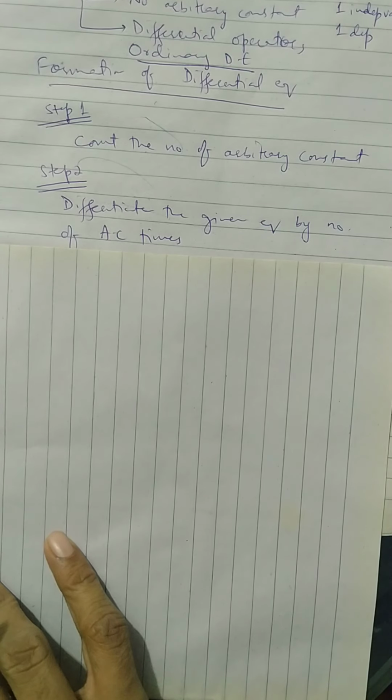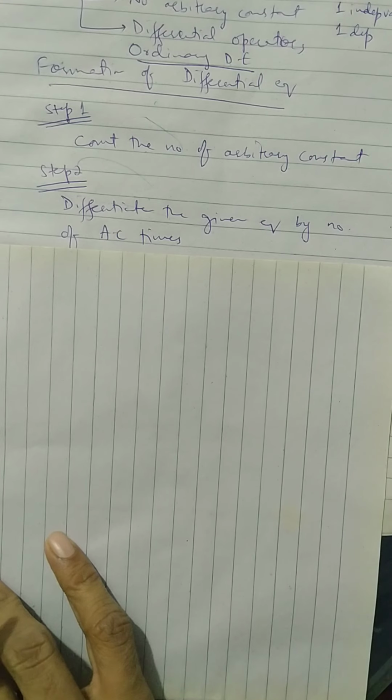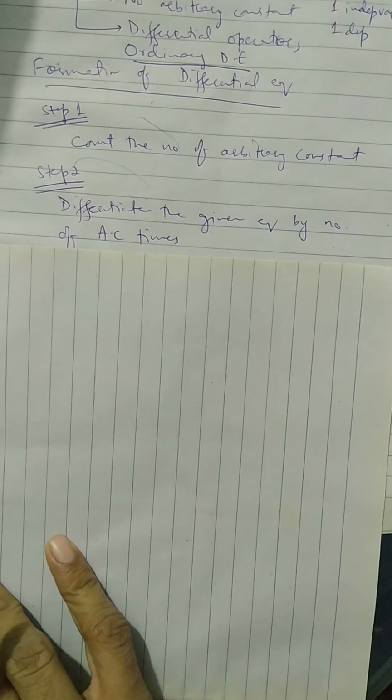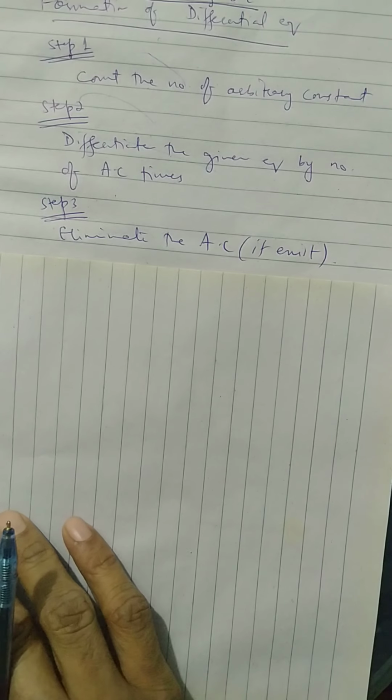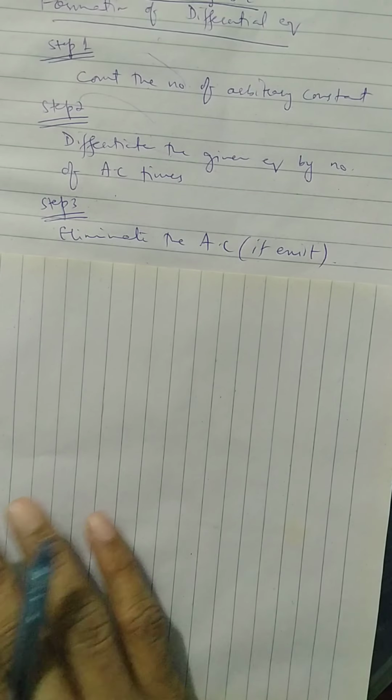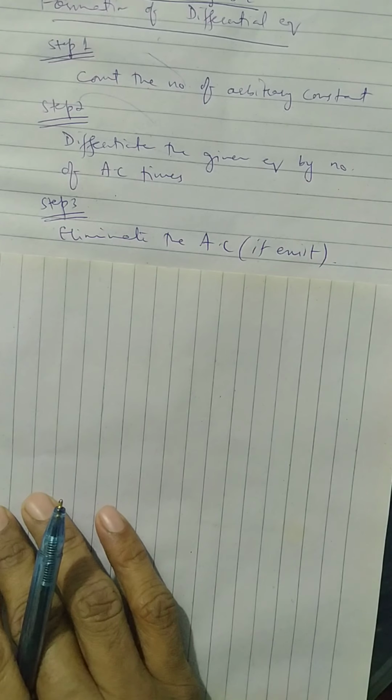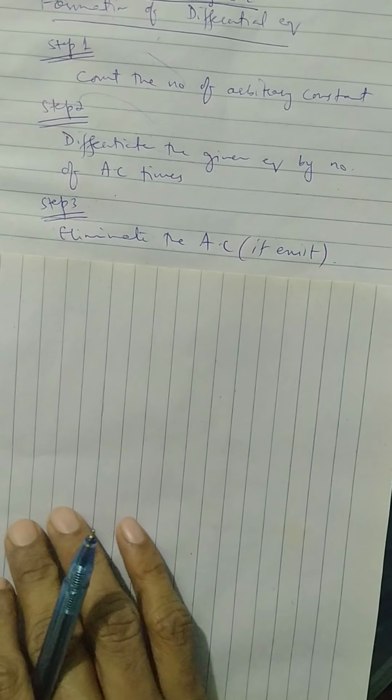We'll always differentiate with respect to the independent variable. After these two steps, we have to eliminate the arbitrary constants if they still exist in the differentiated equation.